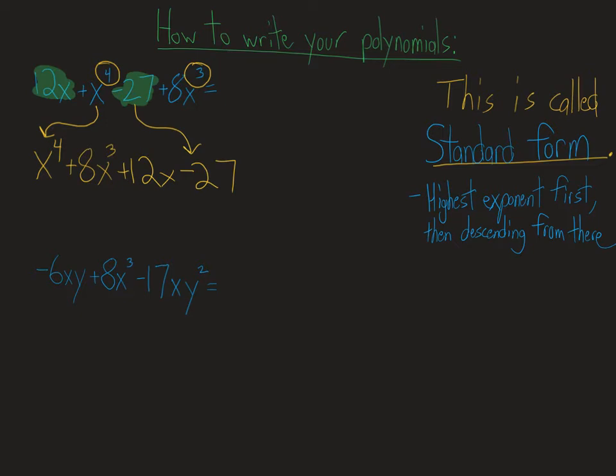Okay, highest exponent first, and it descends from there. And then the constant, which is a term with no variable, is always last.